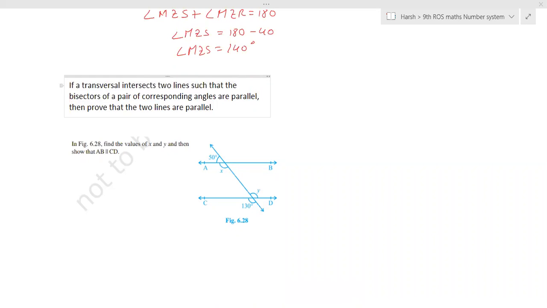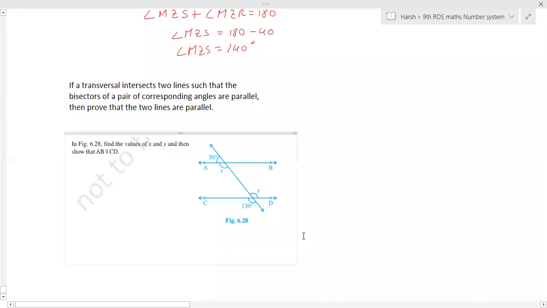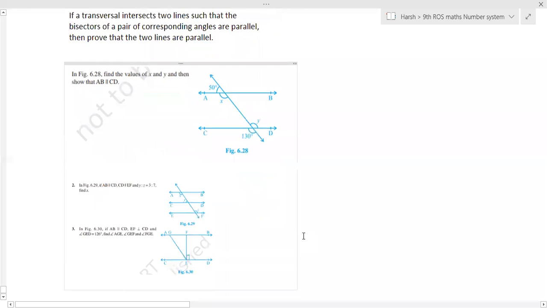Sir, I did till the second one. Do these two, and the third one. First, second, third.